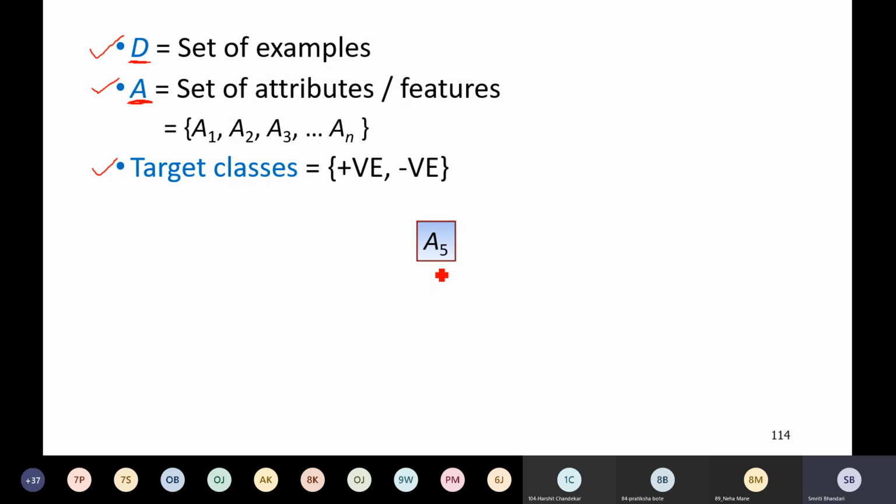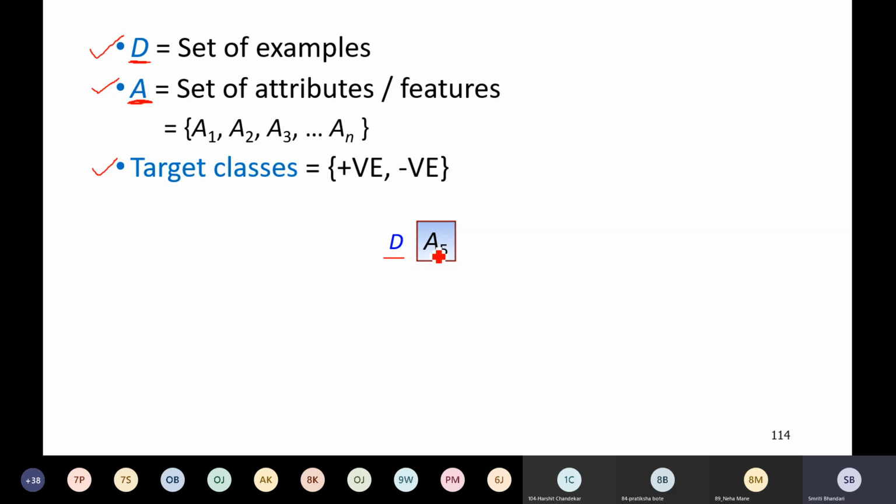Depending on those values, we have that many branches from this node. Right now we have this attribute selected as the root node, and we have all the examples, so the set D, at the root node.